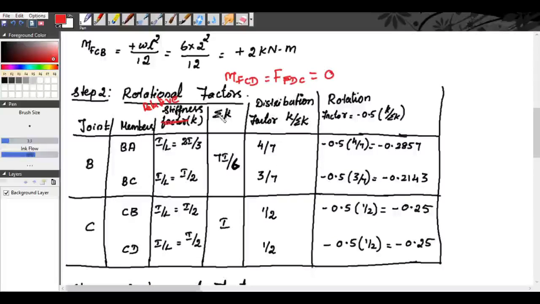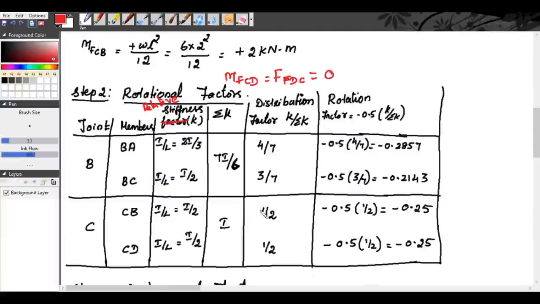We will take the summation of the stiffness at joint B and joint C. At joint B, the summation 2I by 3 plus I by 2 is equal to 7I by 6. At joint C, I by 2 plus I by 2 is I. Now, distribution factor is K by sigma K. So 2I by 3 divided by 7I by 6 gives 4 by 7, and I by 2 divided by 7I by 6 gives 3 by 7.